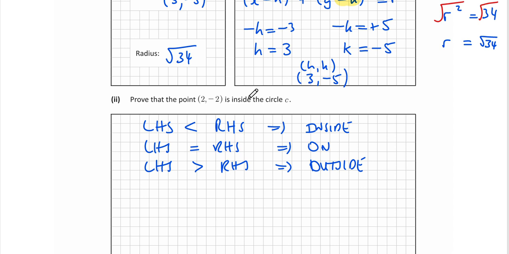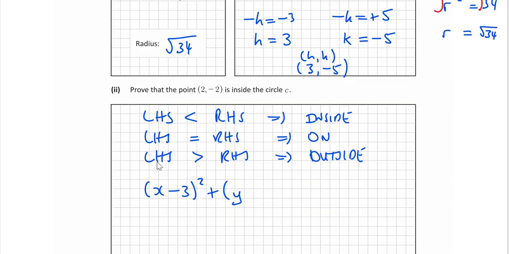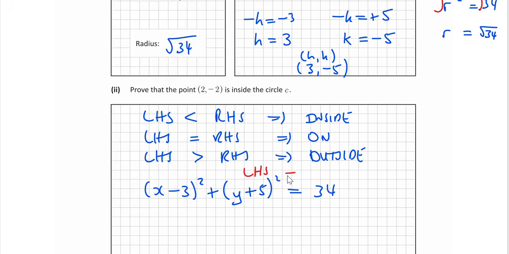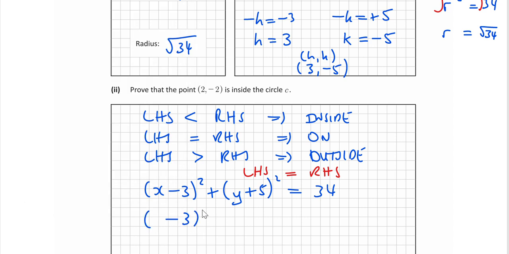If we go back to our equation of the circle, we have (x − 3)² + (y + 5)² = 34. When I'm talking about the left hand side, I mean this part here, and the right hand side is over here. So let's sub in our values. Let's set it up first: instead of x I leave a blank, instead of y I leave a blank, and I put a question mark in the middle.